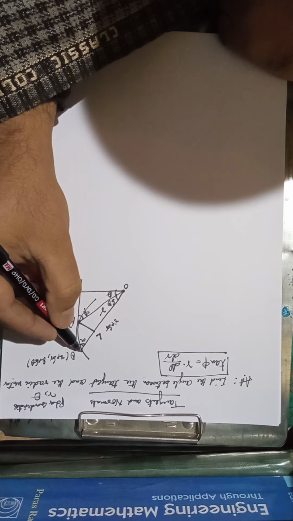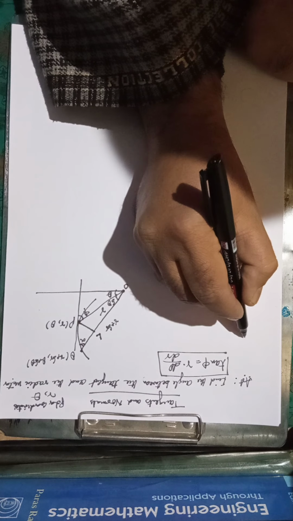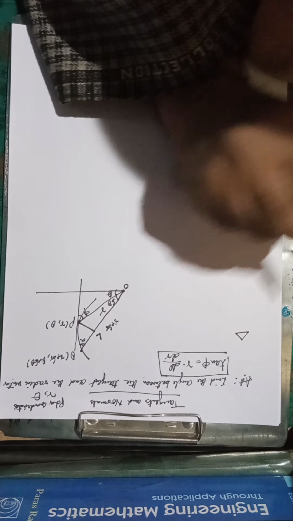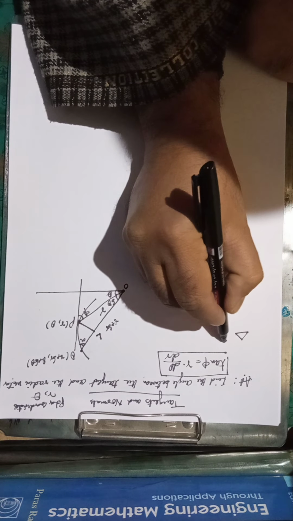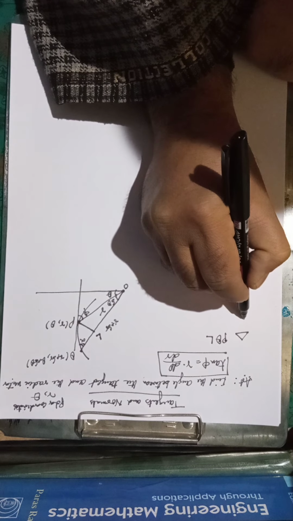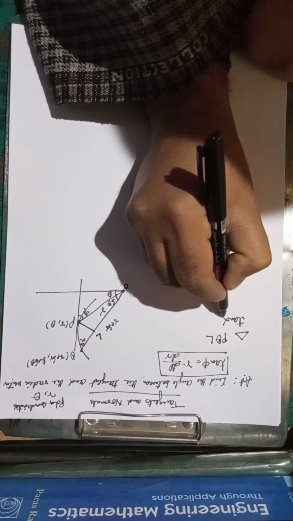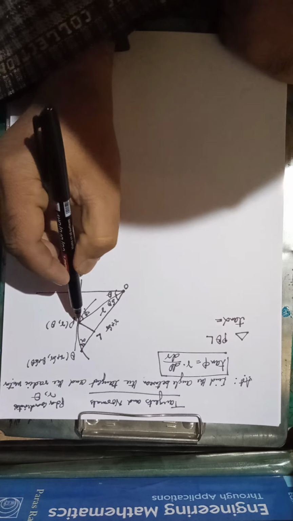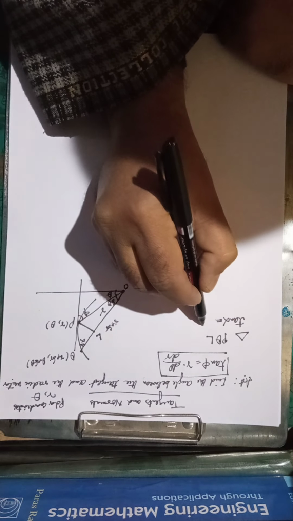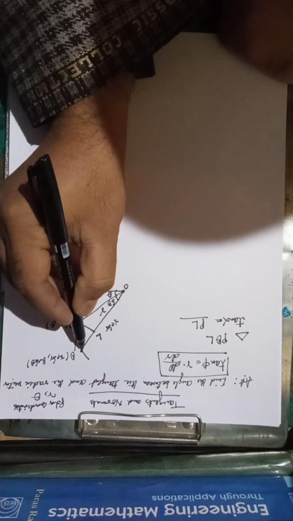Now from the triangle PQL, what is tan alpha? Perpendicular by base. This is perpendicular PL and your base is QL.